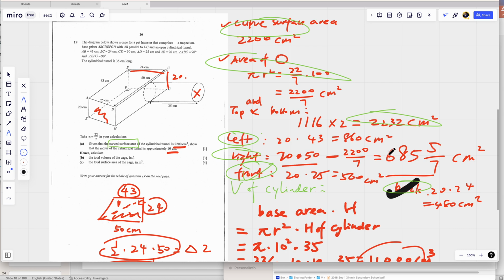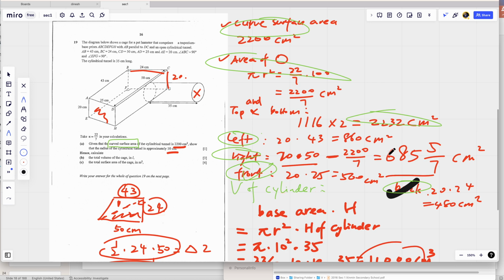So if I look at your work here, right? Do you have a red pen? Let me see if you have missed out any. Thank you. So I see the 2200. I see the 480. So this is the back. I also see the 860, which is the left.